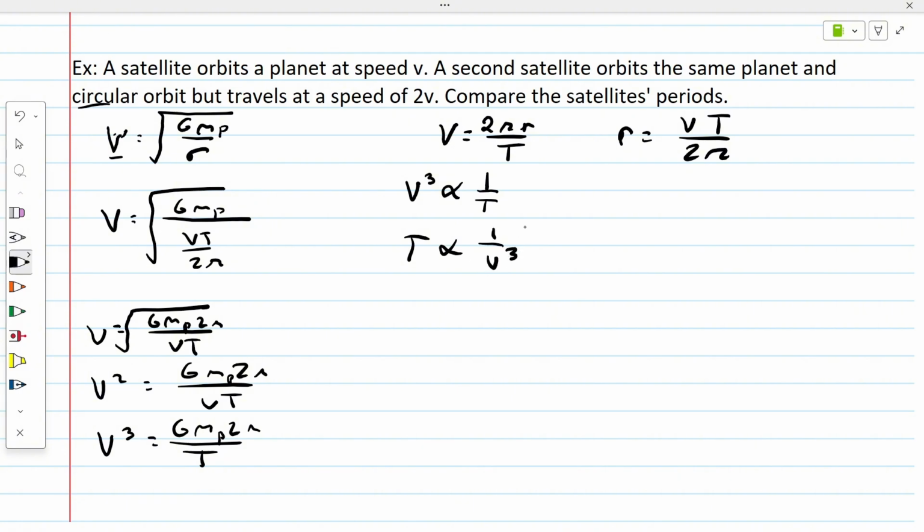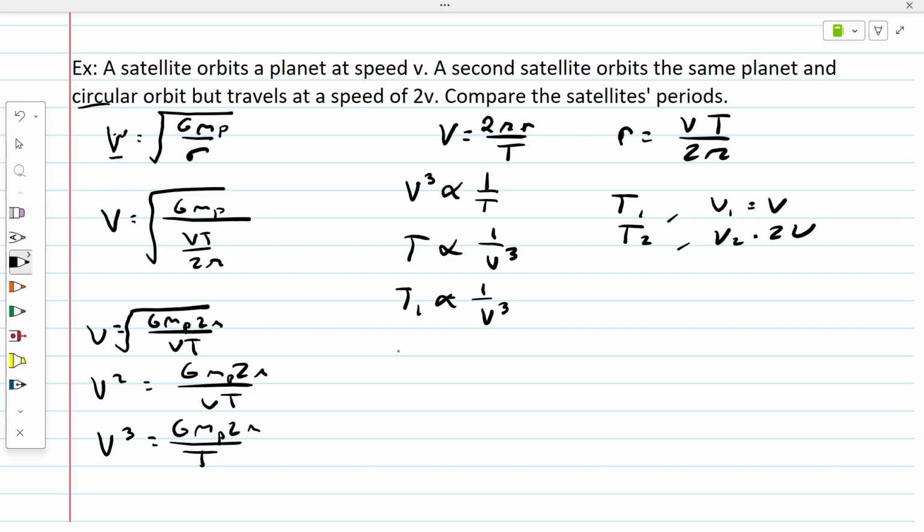Let's say the period of the initial satellite, or satellite 1, is T1, and the speed v1 is equal to v, and then satellite 2 has period T2 and speed v2, which equals 2 times v. So T1 is simply proportional to 1 over v cubed, because v1 equals v.